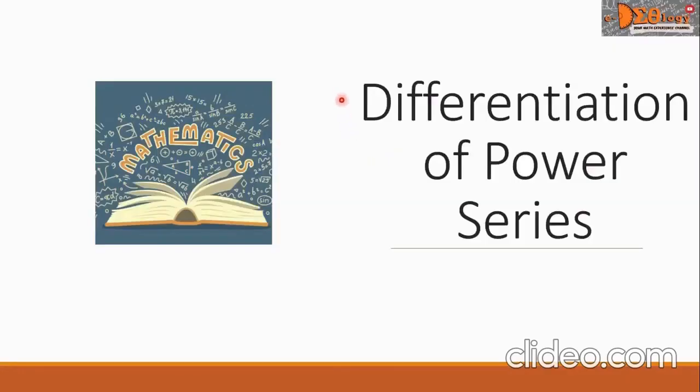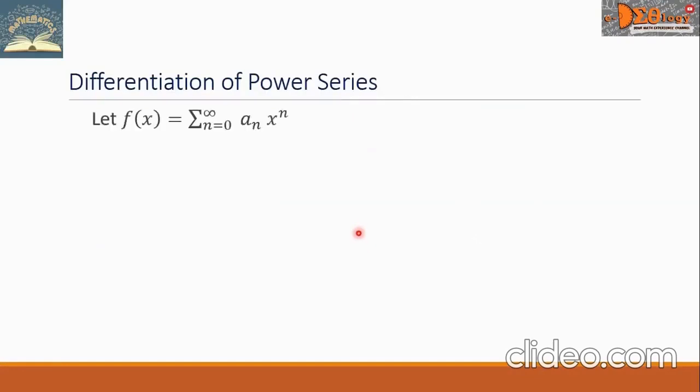Today, we're going to study differentiation of power series. Let f of x equals summation from n equals 0 up to infinity of a sub n times x raised to n.